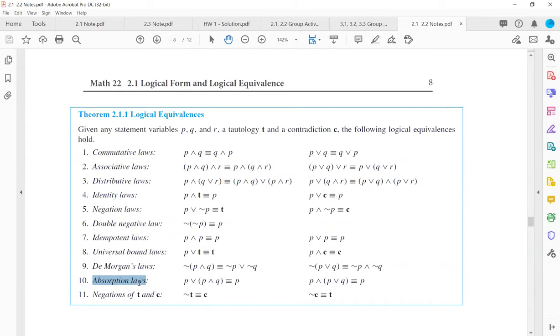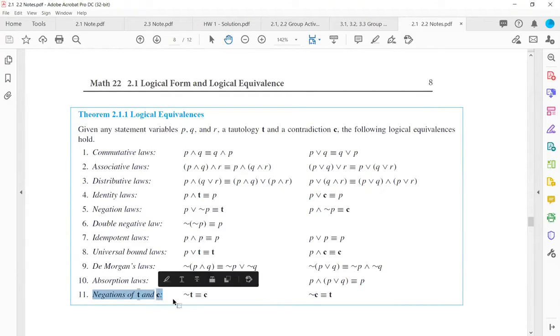Two important laws, absorption laws. If we combine P with P and Q using or, the outcome is the same as P. And if we combine P and P or a statement like Q, it doesn't matter what Q is, then the whole compound statement on the left-hand side is the same as P. And finally, the negation of tautology and contradiction.